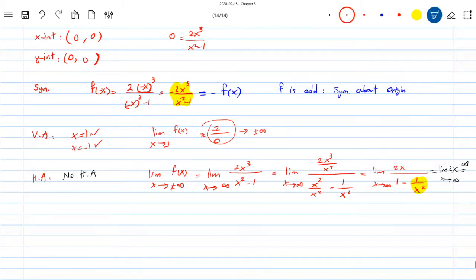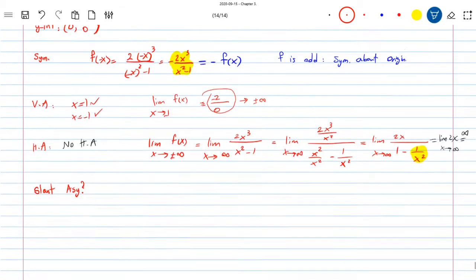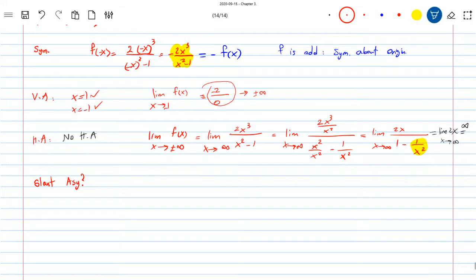But now if I ask you, do we have any slant asymptote? Since we've covered vertical and horizontal asymptotes, the question becomes, do we have any slant asymptote?